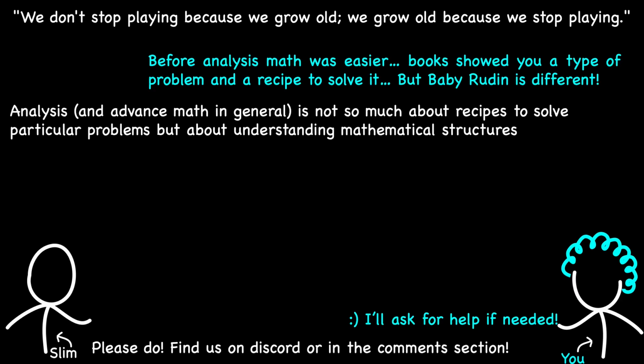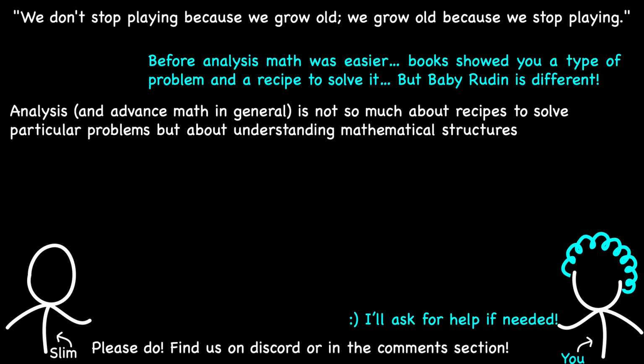When you crack open those first few pages of Rudin, you might expect a problem, then a magic formula to solve it. Instead, you get smacked with a fact about rational numbers. They have gaps. Then Rudin throws this example at you to explore the idea, but it's not exactly a typical problem you can solve with a fancy formula.